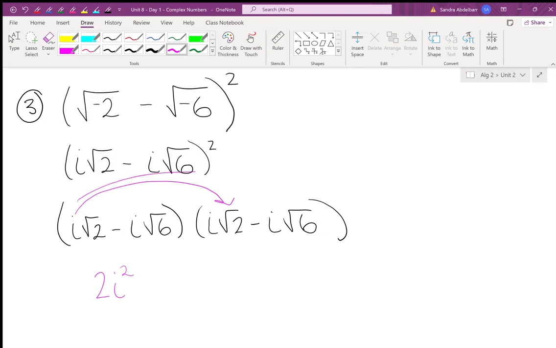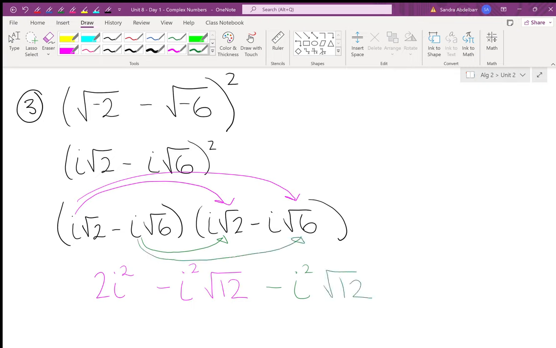Then I have i root 2 times a negative i root 6, which is going to be a negative i squared root 12. Keep going. Negative i root 6 times an i root 2 is a negative i squared root 12. And a negative i root 6 times a negative i root 6 is a positive i squared times 6.